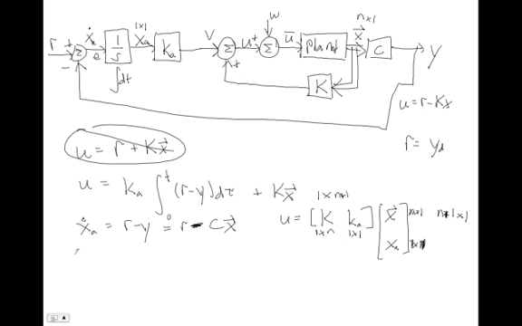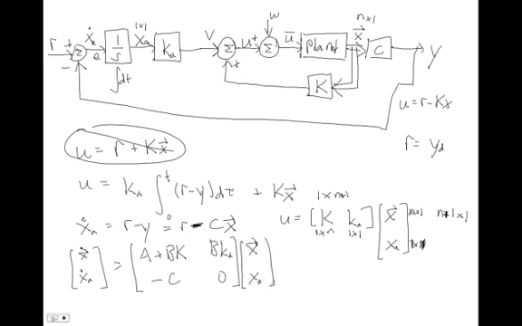And if we do that, we can finally pack our system into something that looks like this. We have our original X dot, and we have our XA dot, and that's going to equal A plus BK, and if we would have had our minus K, that would be A minus BK. So this is basically our original state feedback matrix that we've seen a couple of times now. We have a minus C here, we have B times KA, and we have a 0. So that's effectively our new A matrix. Here's our augmented state vector.